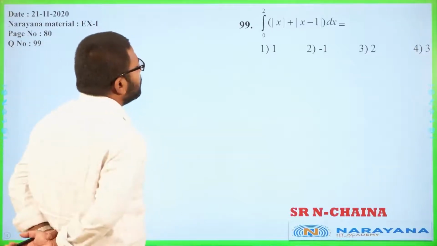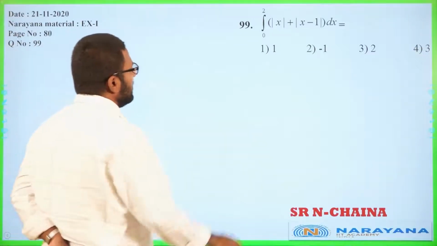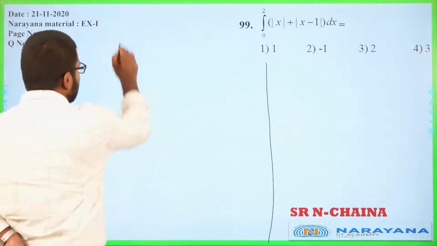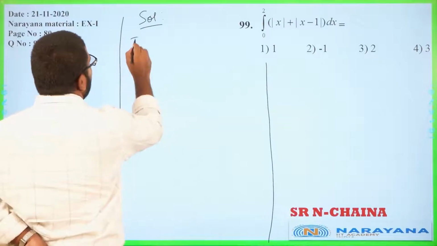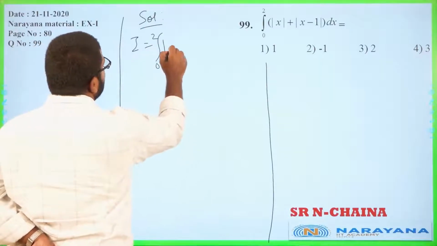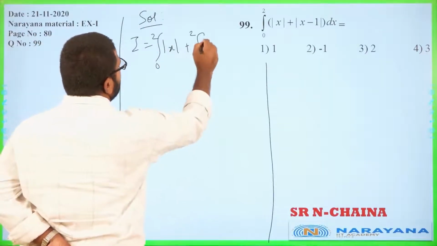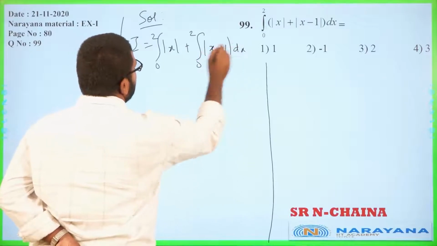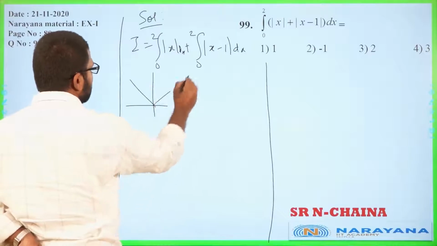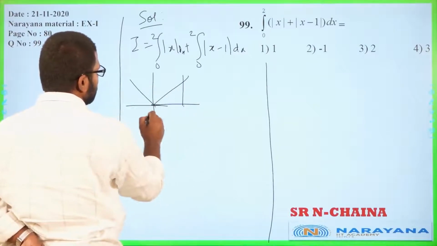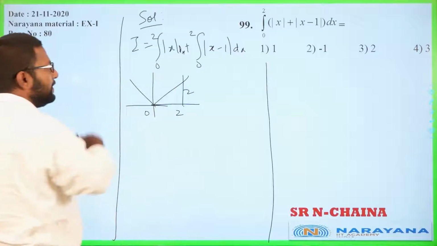Alright, integral 0 to 2 of mod x plus mod of x minus 1 dx. Now shall we try this graph method? So I is integral 0 to 2 mod x plus integral 0 to 2 mod of x minus 1 dx. So this first one is mod x from 0 to 2, this height will be 2 units.